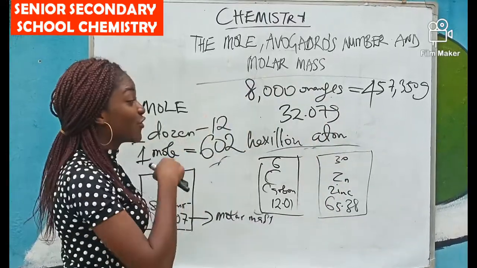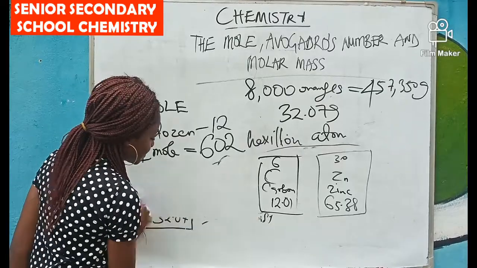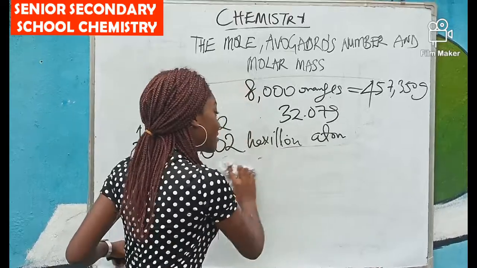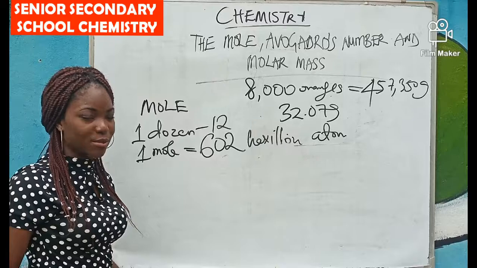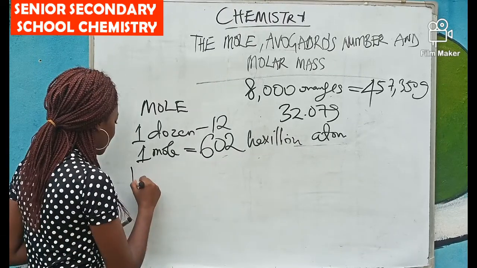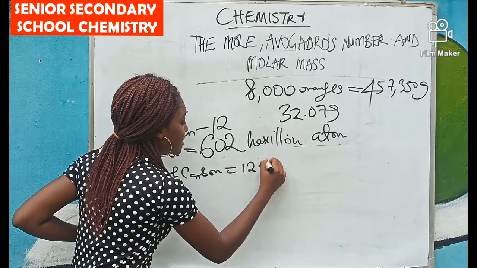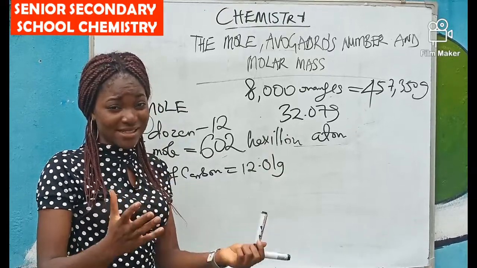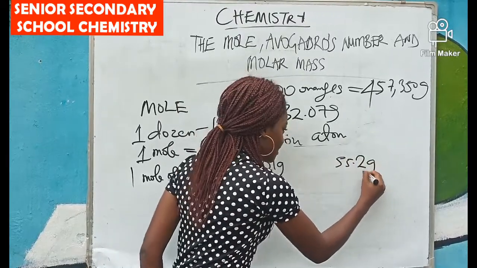So back to our first question where I asked how to get the number of carbon atoms in a container containing carbon. Now we know from the periodic table that 1 mole of carbon is equal to 12.01 gram. Let's say we weigh our container containing this carbon and we get a weight of 55.2 gram.